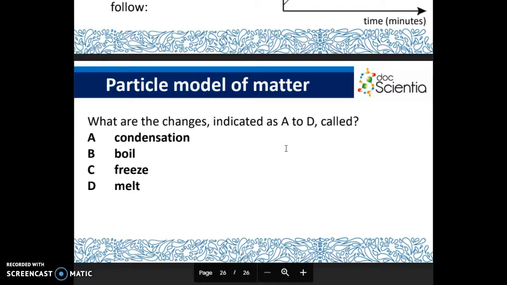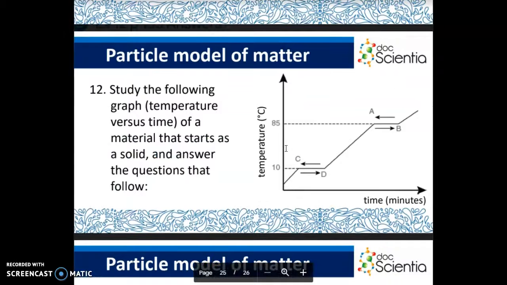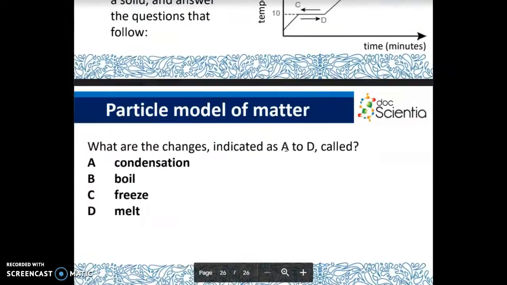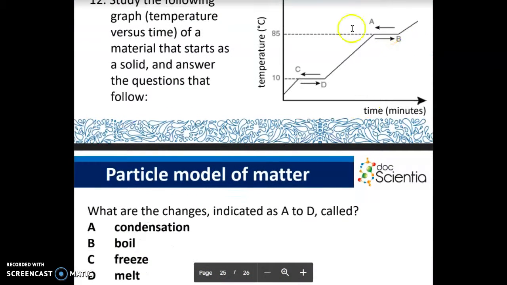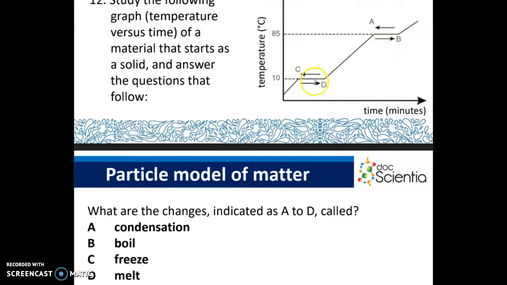B. Boil. C. Freeze. D. Melt. Oh, yes, it is. So A is the condensation. B is the boiling. C is the freezing. And D is the melting.